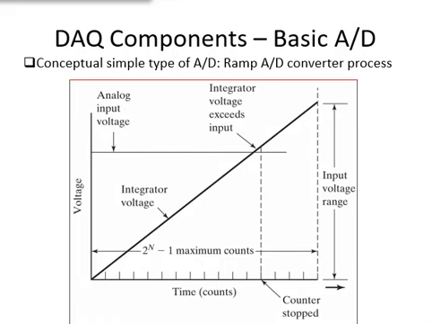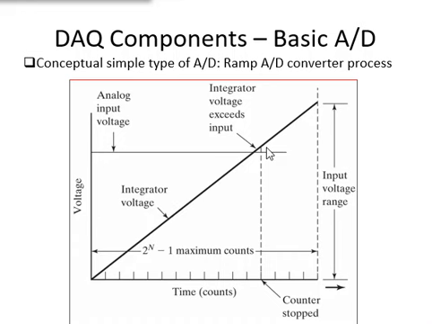A conceptually simple type of AD converter, called a unipolar single-slope integrating converter, serves to demonstrate the AD conversion process. In this device, a fixed reference voltage is used to charge an integrator at a constant rate. The integrator output voltage will then increase linearly with time.